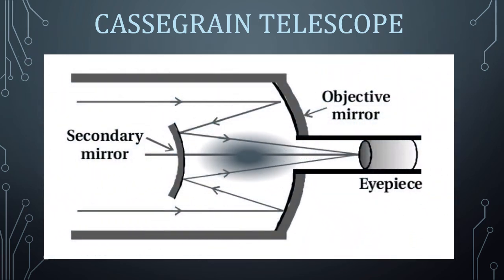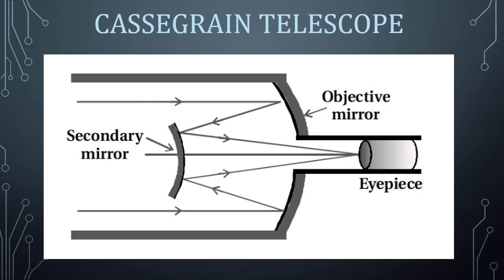So here we can see that two parallel rays from a distant object fall on an objective mirror, which is a concave mirror. Generally, these types of mirrors are parabolic mirrors. These two rays will get reflected from the objective mirror and fall on the secondary mirror, which is a convex mirror, and get reflected again.